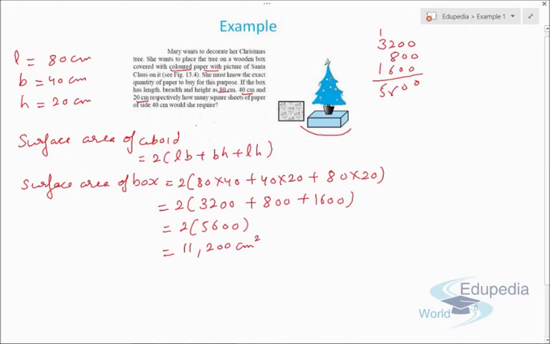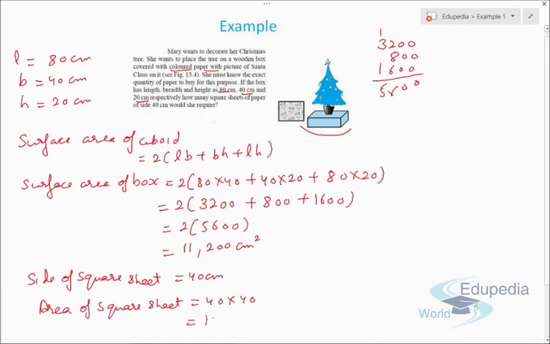Now we need to find the area of a square sheet. It's given that the side of the square sheet is 40 centimeter. So area of square sheet will be 40 times 40, which is 1600 centimeter square, right? What's the next step? We need to find the number of sheets required.